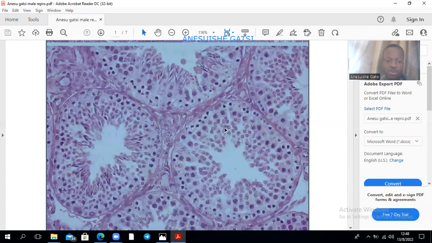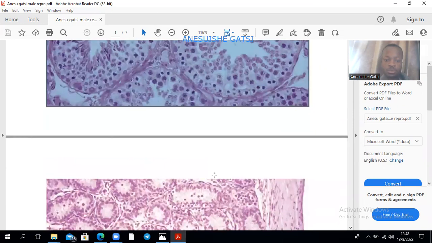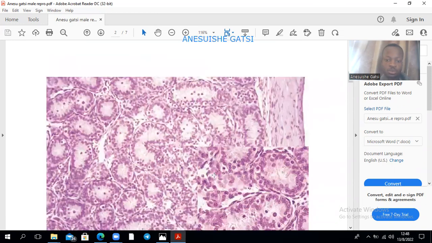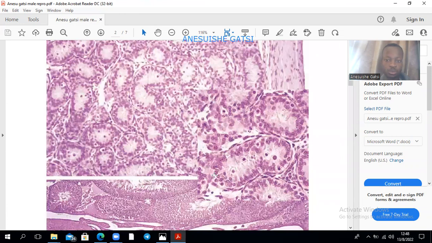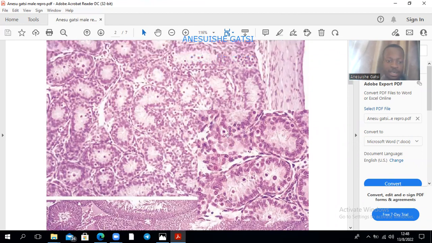Not so important to grasp, but these are just pictures of testicular tissue that I'm showing you now. Then this again here is testis tissue. Here we can see the tunica vaginalis again on the outside there.